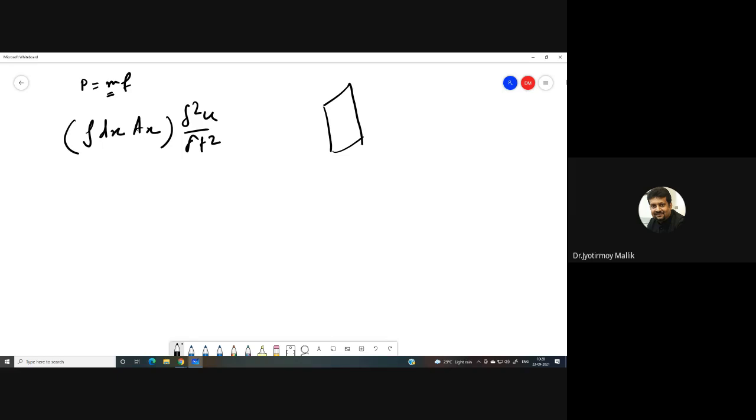On the right hand side, we write the one that we have just derived: dx Ax delta sigma xx by delta x. What I have done is simply replaced Fx with sigma xx and Ax, and I have taken Ax out of the derivative.